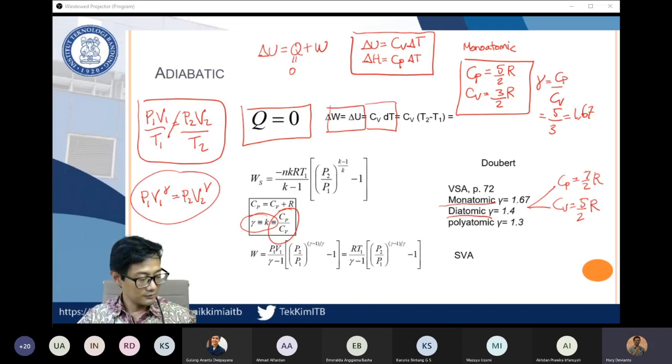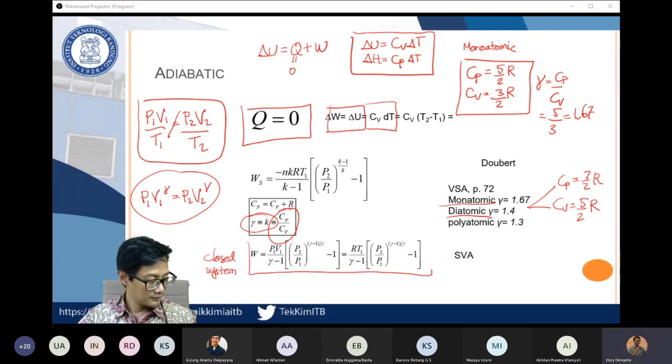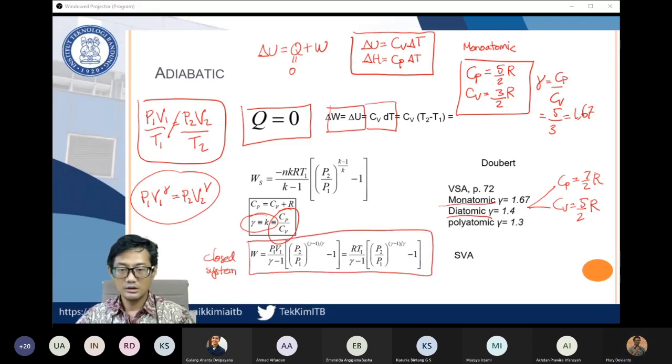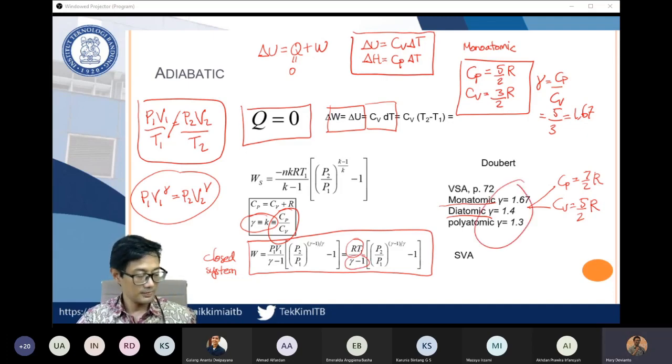In the end, for a closed system, you can have this relation. Work is equal to R T1 divided by gamma minus 1. Remember, gamma is this value. It depends on the type of the gas, whether it is monoatomic, diatomic, or polyatomic.